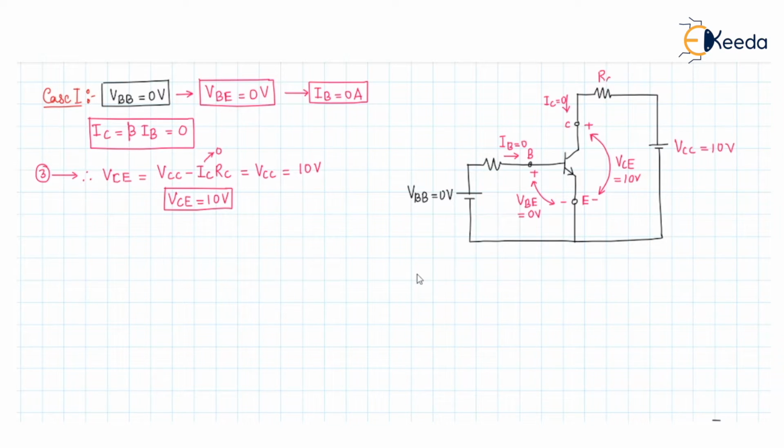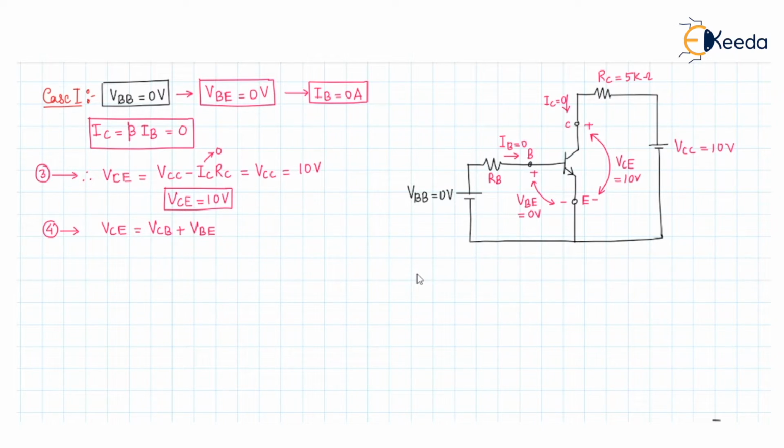This was the RC resistance and it is 5 kilo ohm, and this was my RB resistance. So we have seen that the VCE is 10 volt. Since the VCE is 10 volt, from the fourth equation that we derived earlier in this video, VCE is equal to collector to base voltage plus base to emitter voltage.